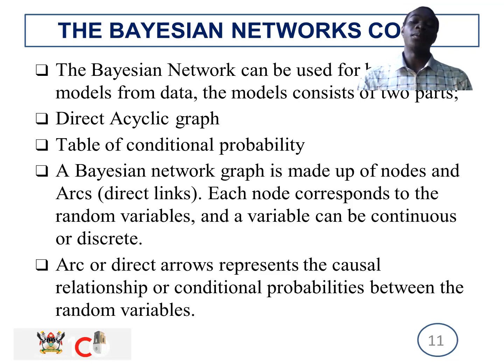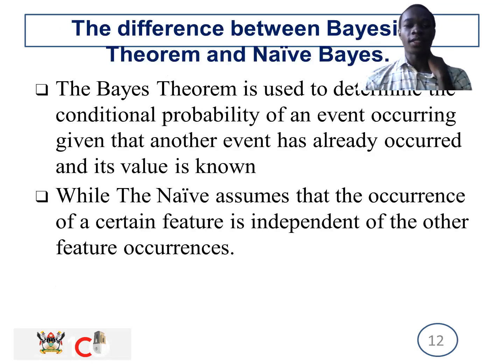In this case, it can be varying from one case to another or have a specific variable within a data set. An arc or directed arrow represents the causal relationship or conditional probability between the random variables. The Bayesian network theorem deals with dependent variables.